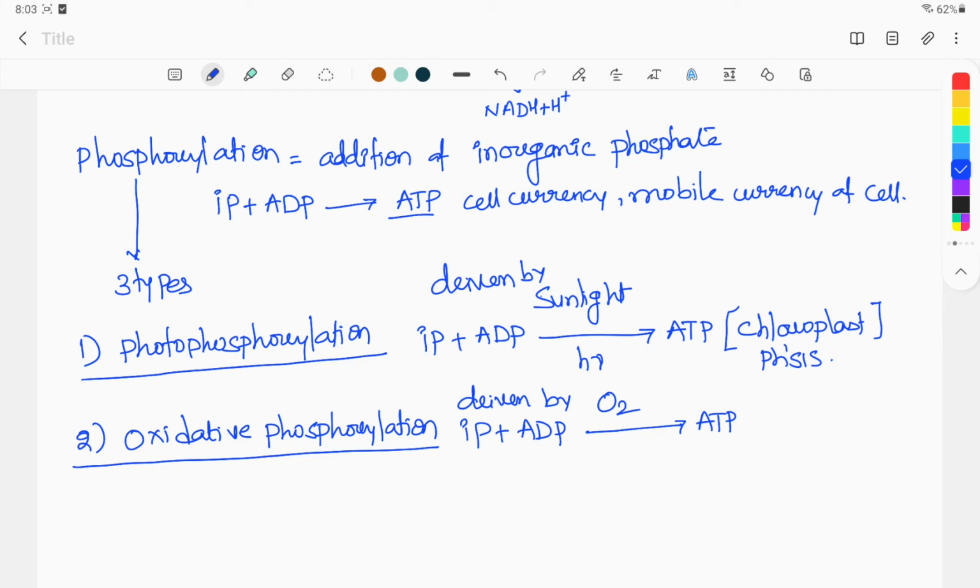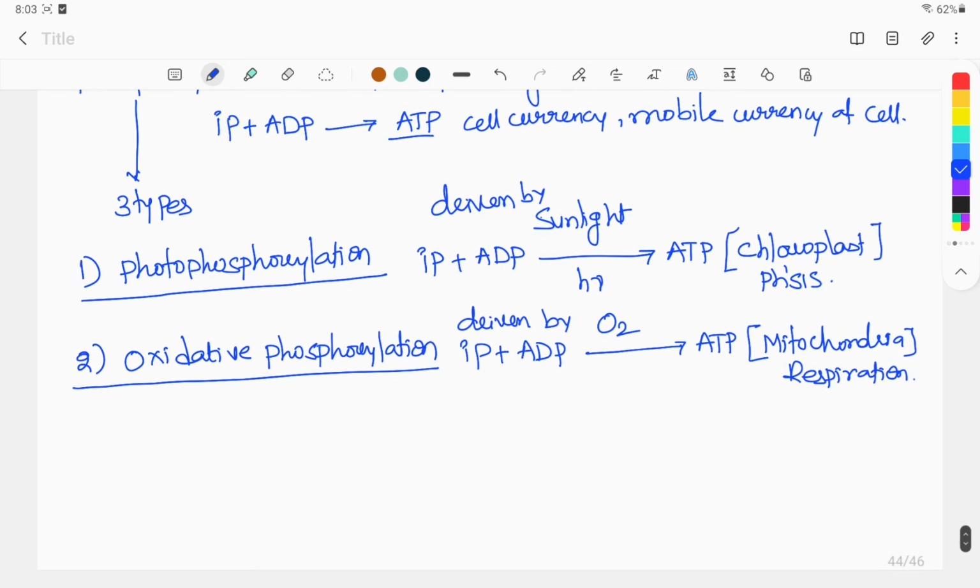So oxidative phosphorylation, driven by oxygen, takes place in mitochondria as part of respiration, right. And the third one is substrate level phosphorylation.